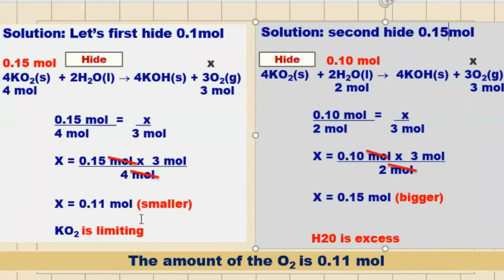The smaller number, 0.11 mole, indicates that potassium superoxide is the limiting reactant, and the bigger number, 0.15 mole, represents that H2O is the excess reactant. And the amount of O2 is determined by the amount of the limiting reactant KO2, which equals 0.11 mole.